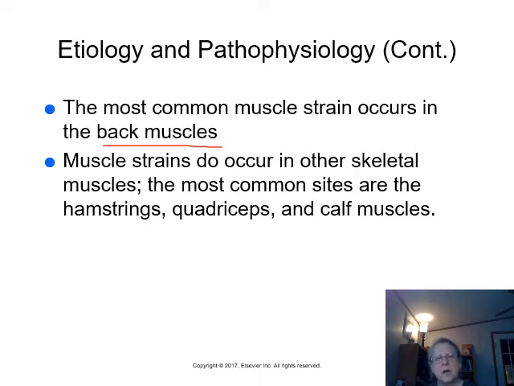Muscle strains do occur in other skeletal muscles, usually your hamstring, quadriceps, and calf muscles as well. Those can be very painful and can limit the amount of walking and mobility the person can have.